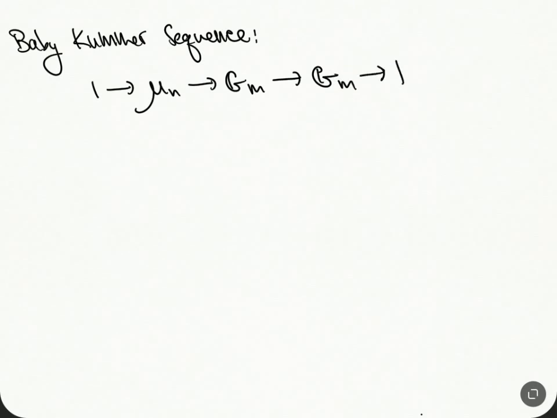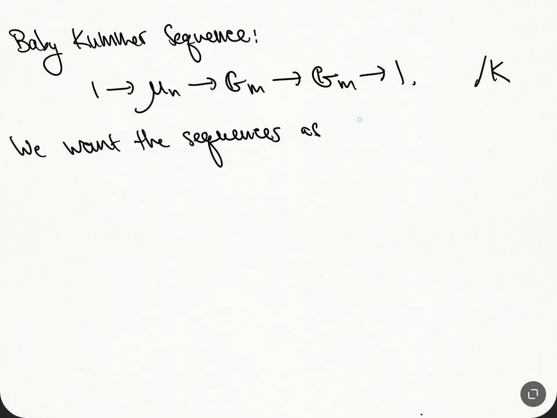I've omitted what the base is here, but this could be, say, over K. But we want to view the sequence as group schemes as, let's say, étale sheaves of groups, so X étale, where we're looking at étale coverings.